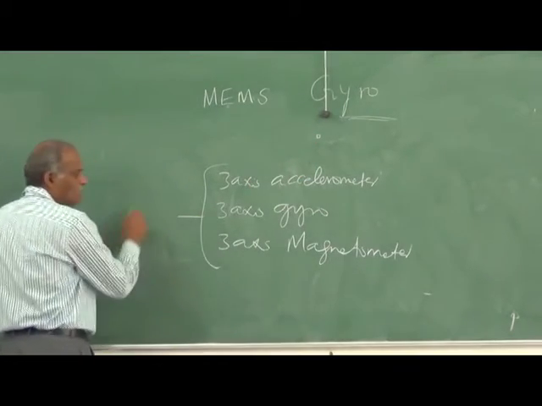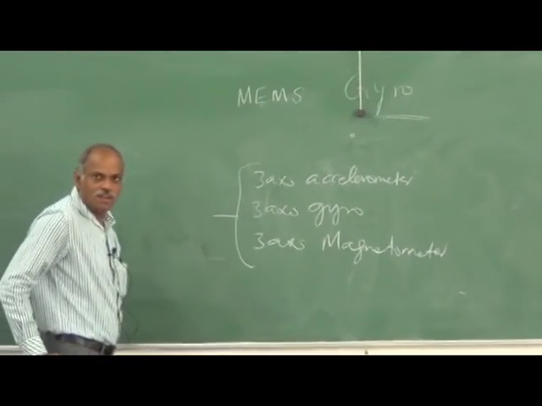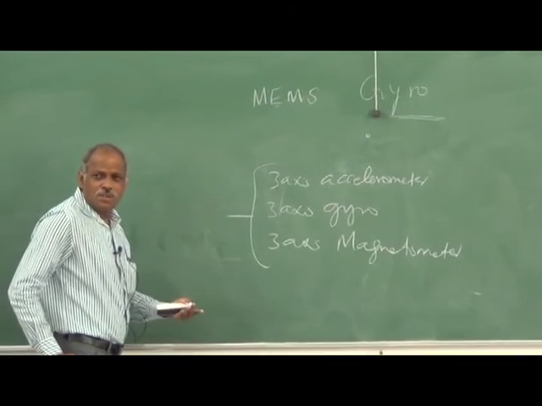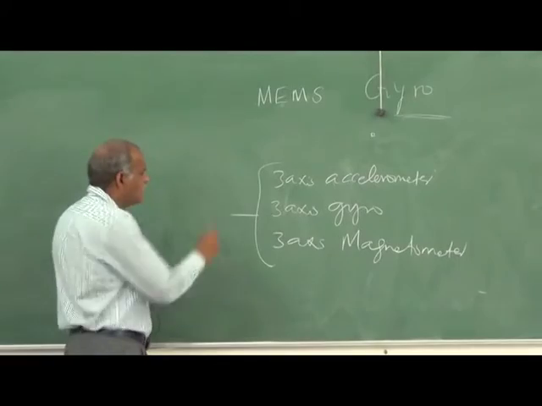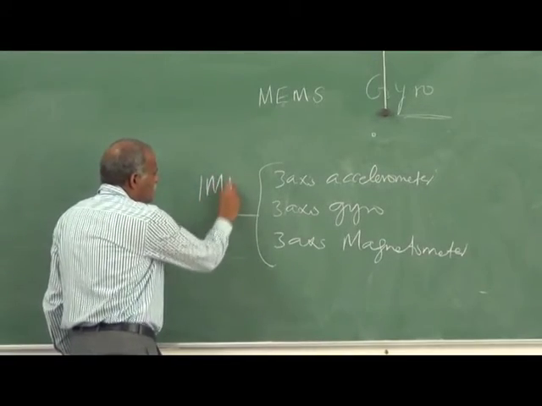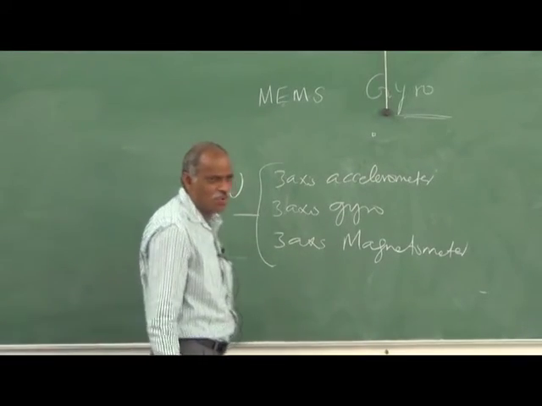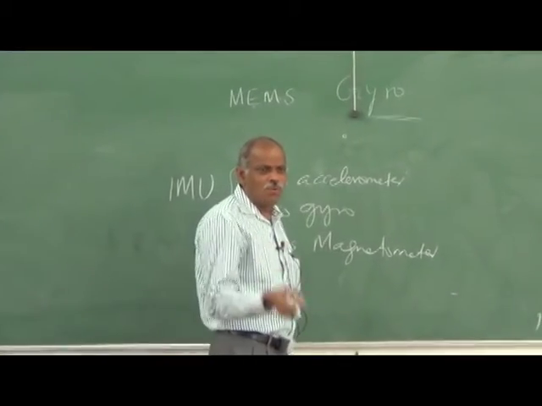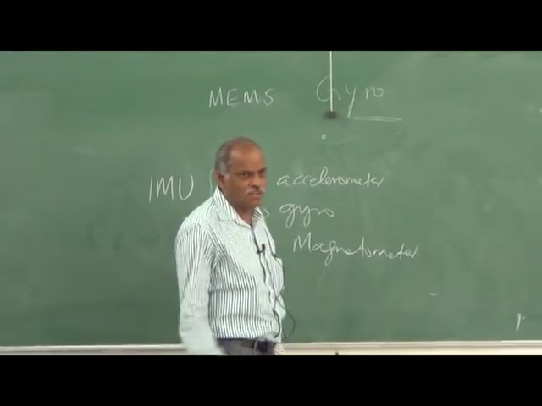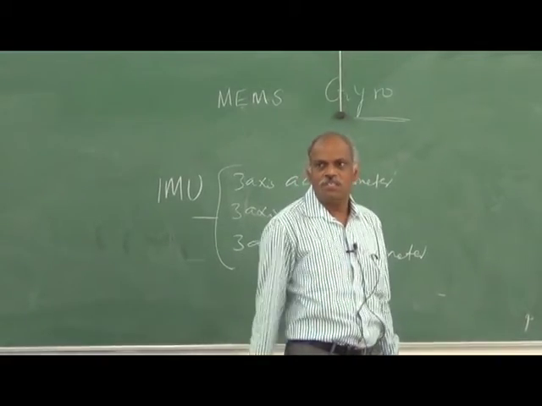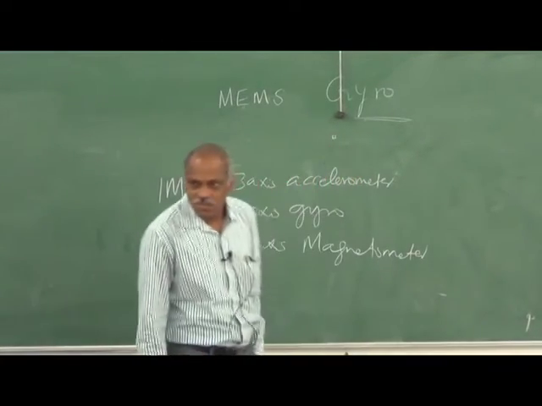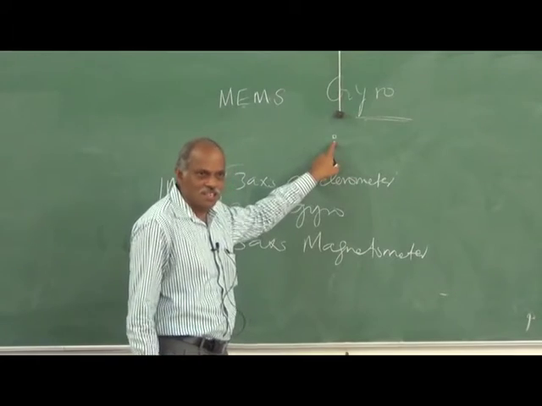All of them put together are available in this size of chip. Those people working in the robotics club or with Arduino and all this, who are toying with that, use something called an inertial motion unit, IMU, which is normally mounted on anything to be navigated. Suppose you have a hovercraft or something, you want to measure the motion, so you use an inertial motion unit. It will have all the 3 in this size.